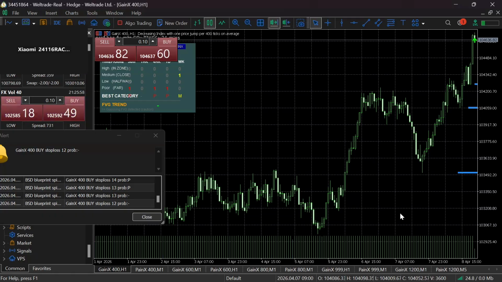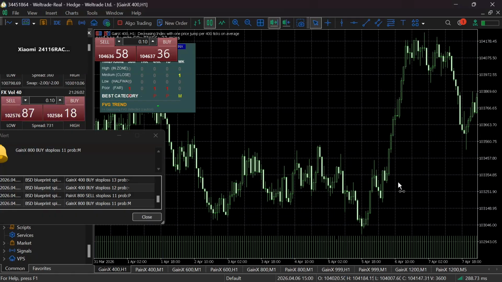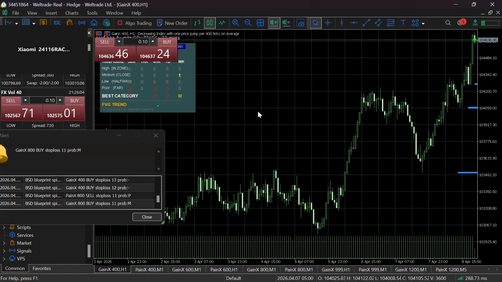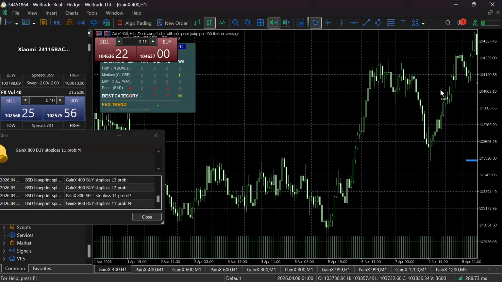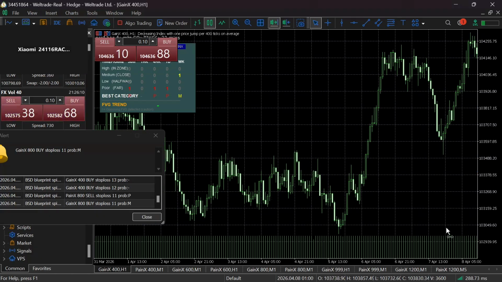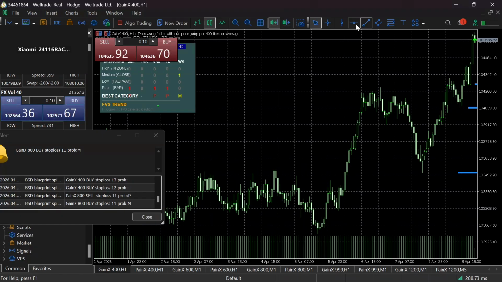And can you bring your cursor down below? Go to the current price. Then the third candle from the current candle backward. That candle from the current candle.